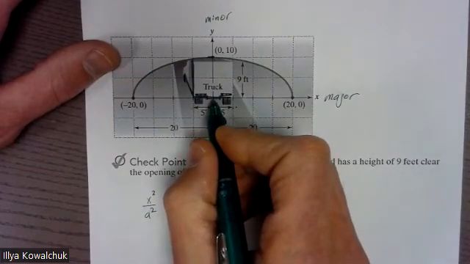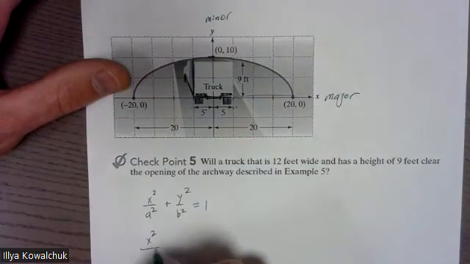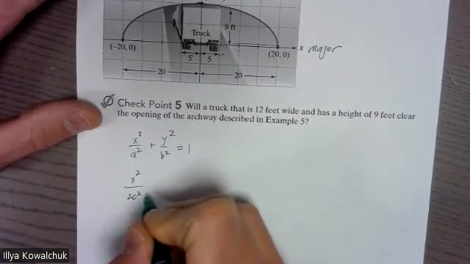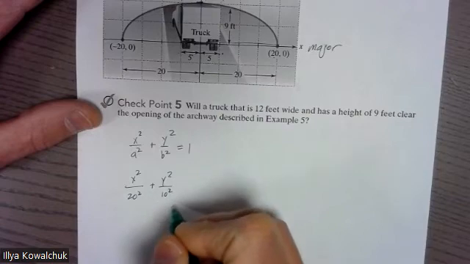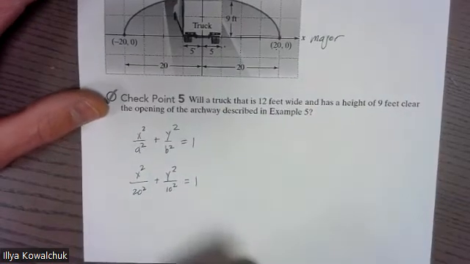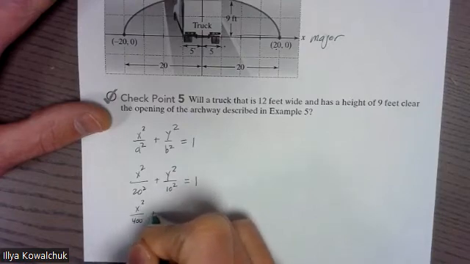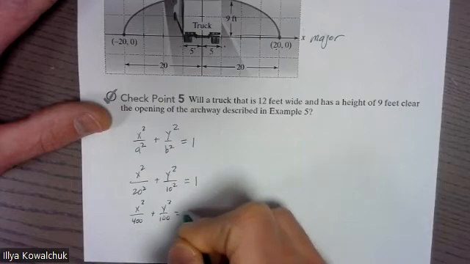And we know that A is 20. So X squared over 20 squared plus Y squared over 10 squared equals 1. X squared over 400 plus Y squared over 100, pardon me, equals 1.